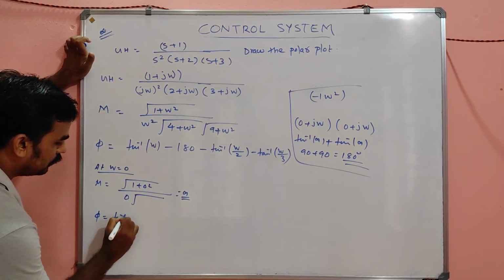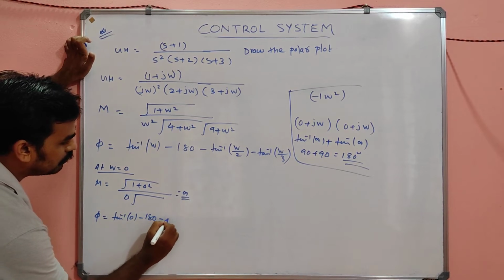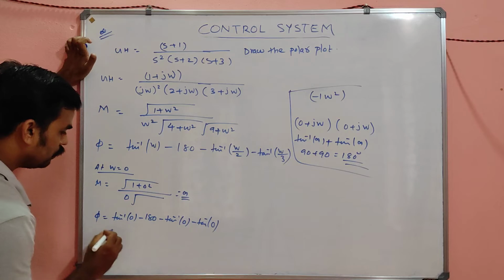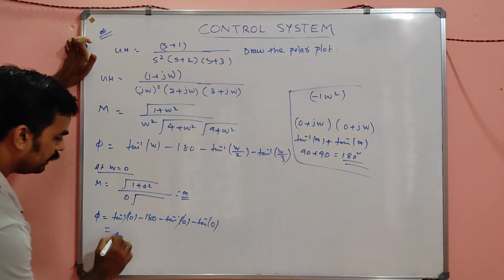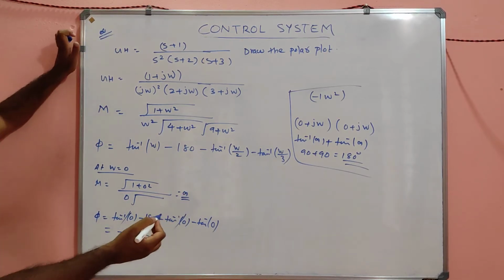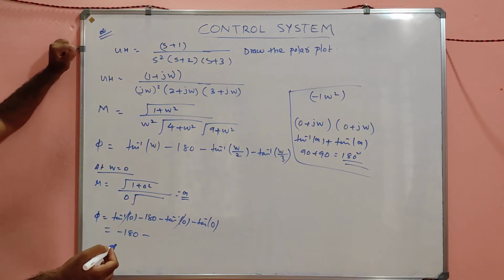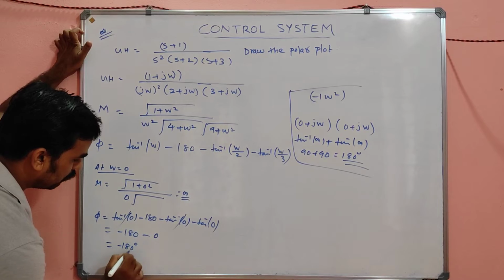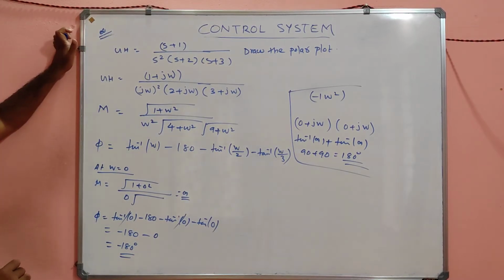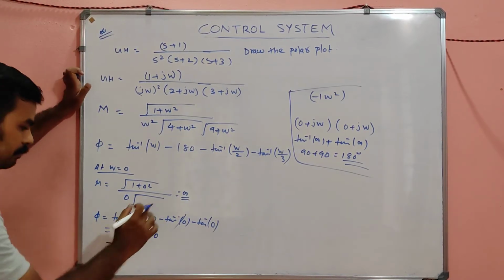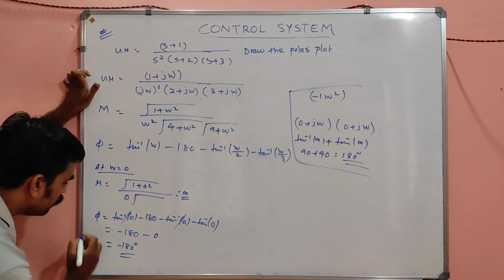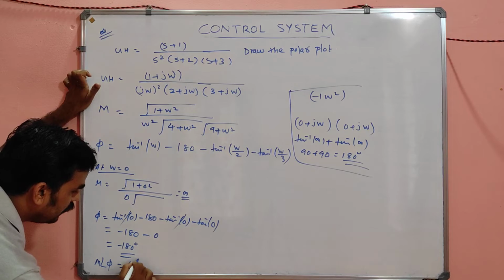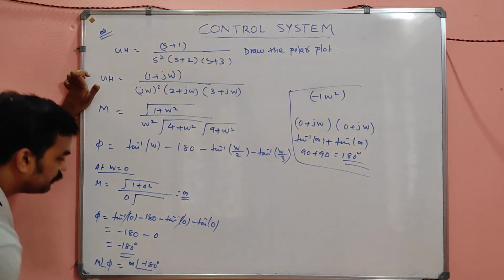Tan inverse 0, minus 180, minus tan inverse 0, minus tan inverse 0. Tan inverse 0 is sin 0 by cos 0, so simply 0. So minus 180 degrees only. So this can be represented by magnitude M, angle phi, equal to what, my dear? Infinity, angle minus 180 degrees.